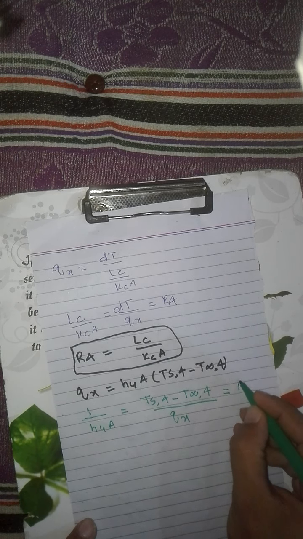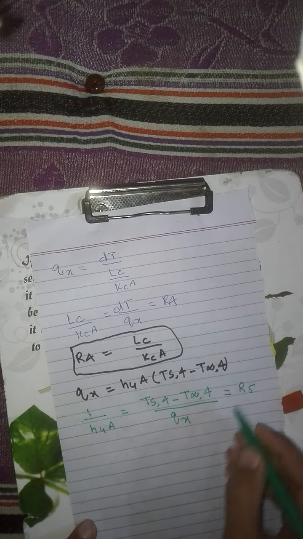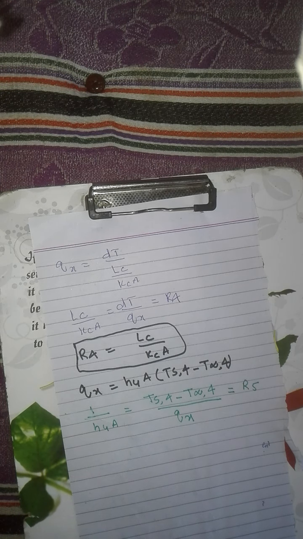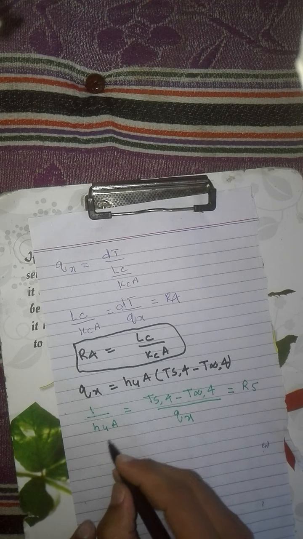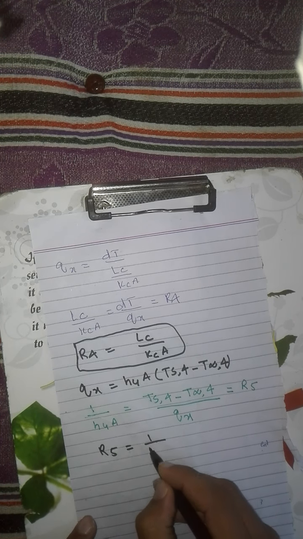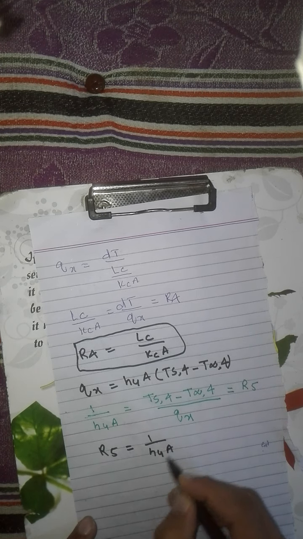We call it R5, the resistance provided by the cold fluid to the heat transfer. So we can write R5 is equal to 1 over H4 into area.